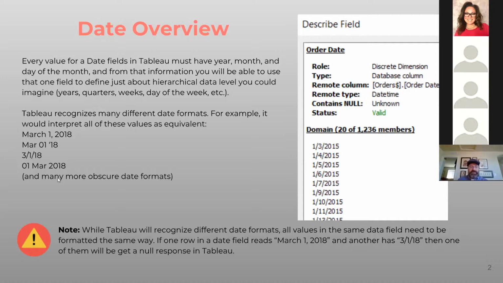Tableau will recognize that. Many more obscure date formats will work as well. Make sure they're not mixed up though. If your data is really messy and one record says March 1st of 2018 and another says 3/1 of 2018, you might get no responses on one of those formats. So make it consistent, but whatever format it is, it should work.